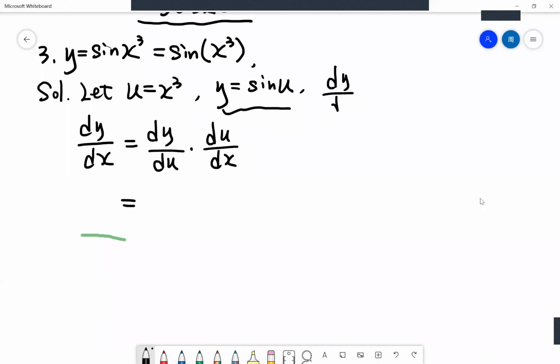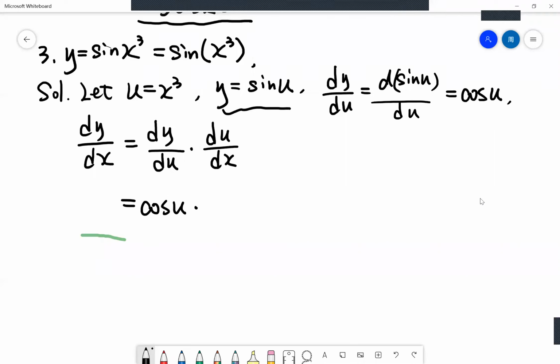dy by du equals d sine u by du. So that equals cosine u, right? So here, cosine u times du by dx. Because we let u equal x to the power 3, du by dx equals d(x power 3) by dx. So that equals 3x to the power 2, right?